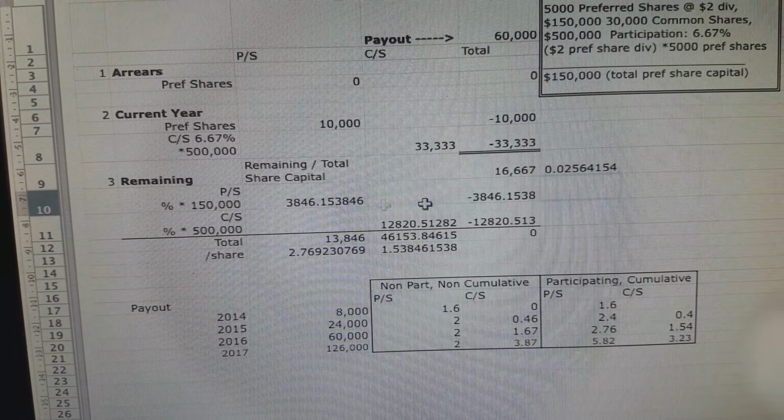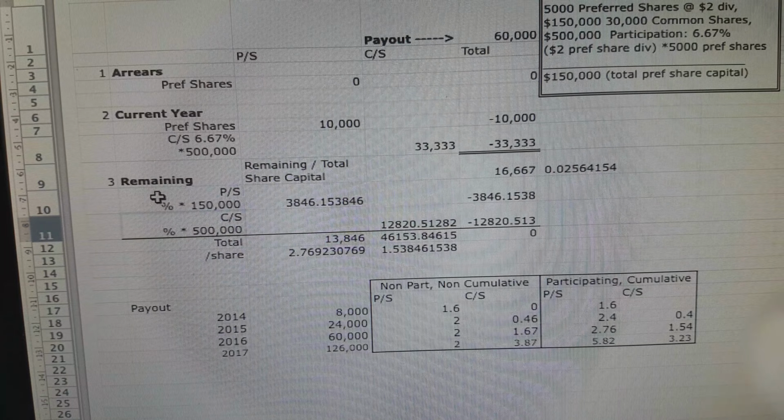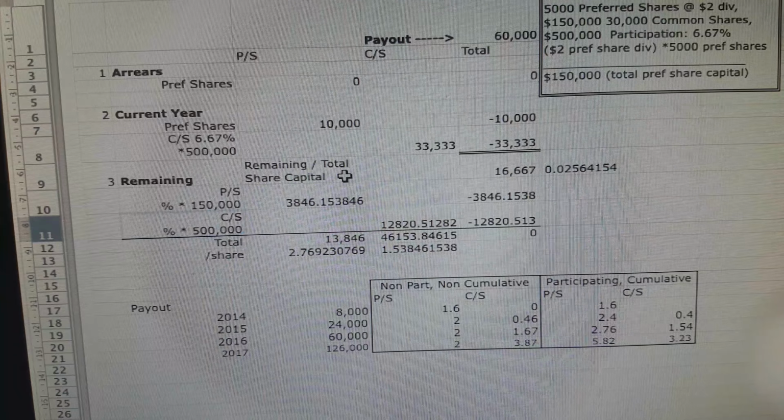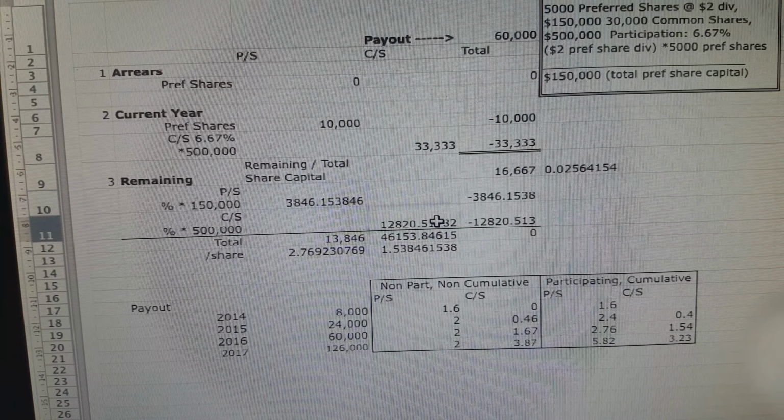So that is the number that represents the percentage in both of these boxes here. So it's 2.564%. That comes out to this, and that comes out to this.